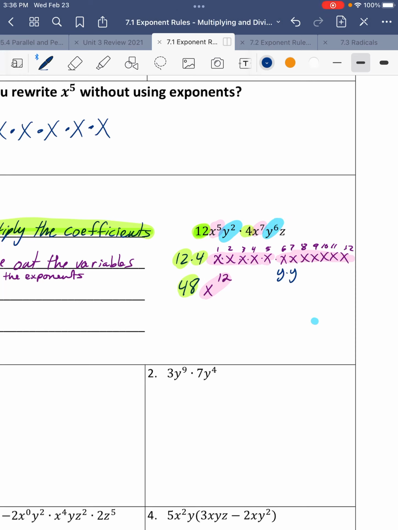So that's 6 y's multiplied together. 1, 2, 3, 4, 5, 6. How many is that total? We have 1, 2, 3, 4, 5, 6, 7, 8. So if we count these, there's 1, 2, 3, 4, 5, 6, 7, 8. So that is y to the 8th.